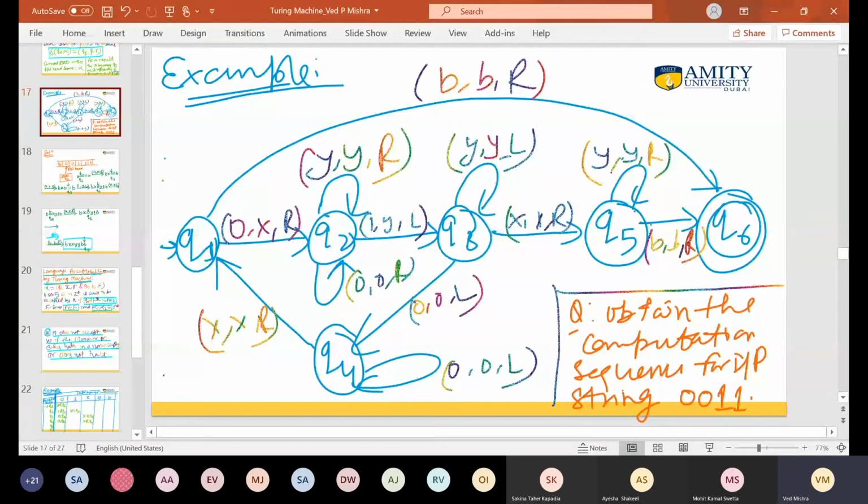Now how many are having Y input? Q2, Q3 and Q5 are having Y input. So for Q2 Y input, you are getting Y R Q2. For Q3 Y input, you will get Y L Q3.